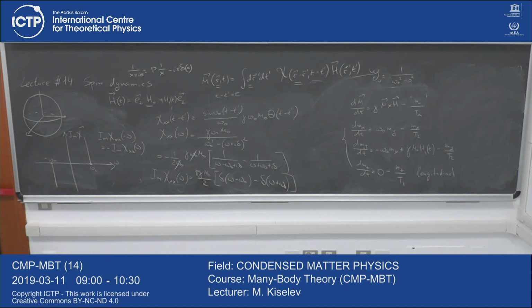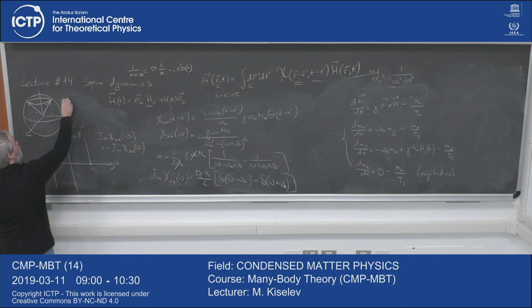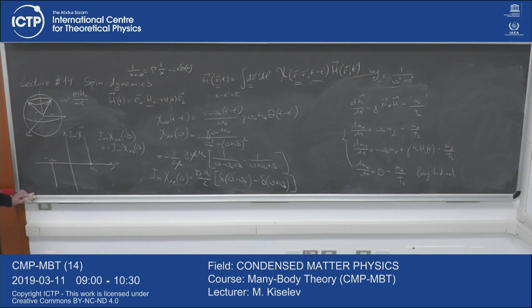We have found that the m z component is constant, and what we get is a precession of the magnetization vector on some circle around the z axis with a frequency omega naught, which is equal to the modulus of gamma h naught divided by mc. So our magnetization precesses with the Larmor frequency with respect to the z axis, and the trajectory is so.